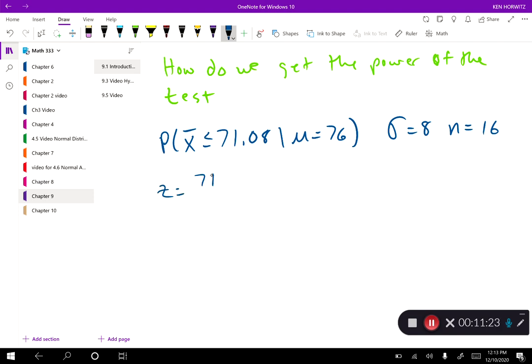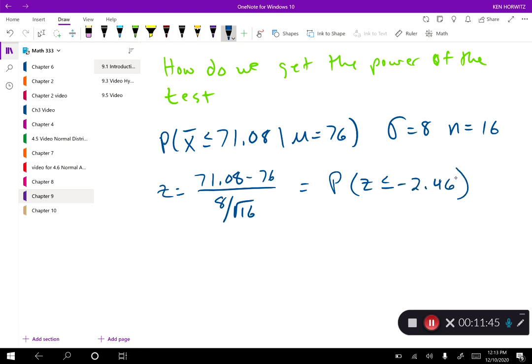It's going to be 71.08 minus 76 over 8 divided by the square root of 16. And I got a z value less than or equal to negative 2.46. If you want, you're certainly welcome to pause the video and check my work.